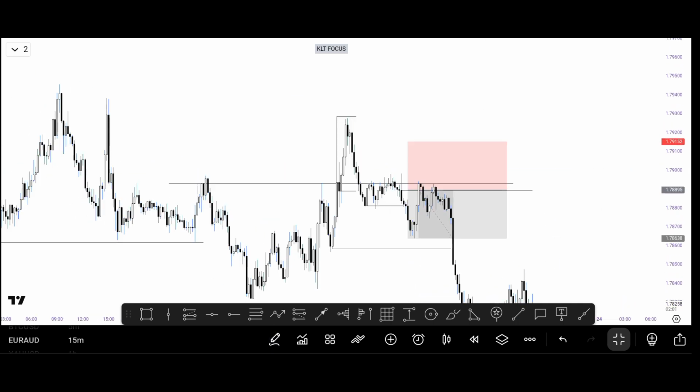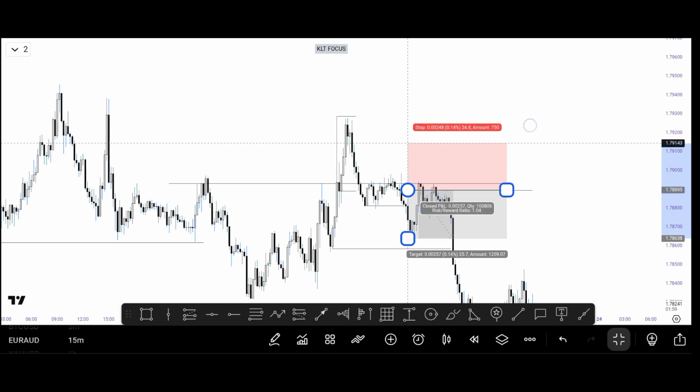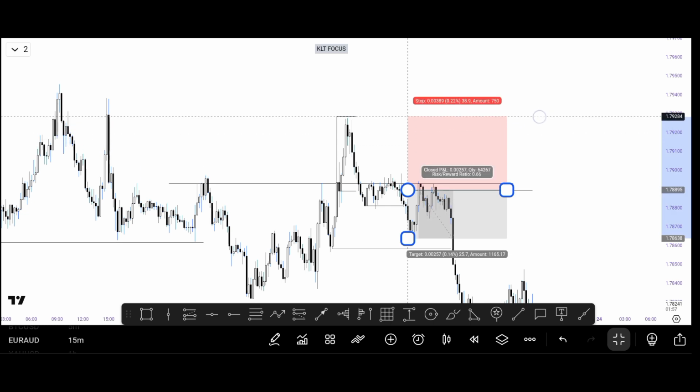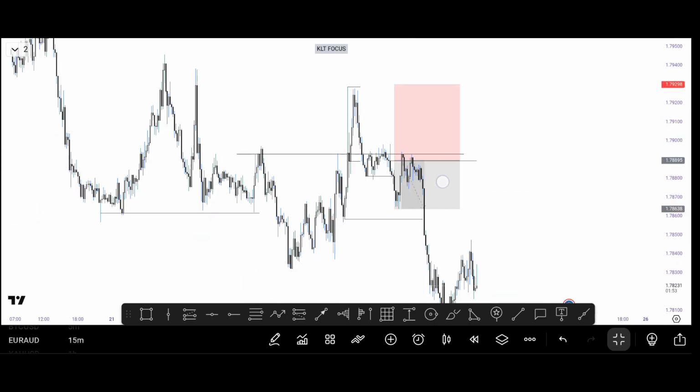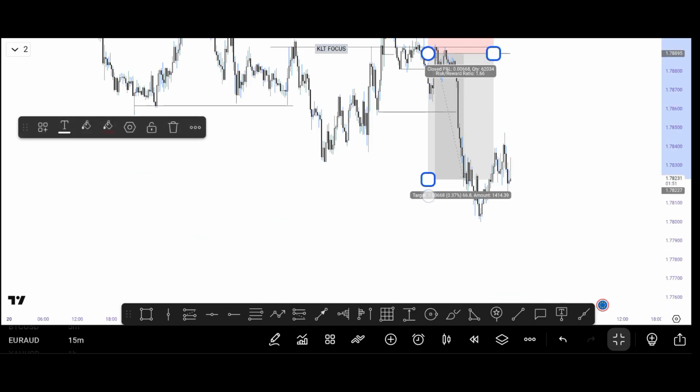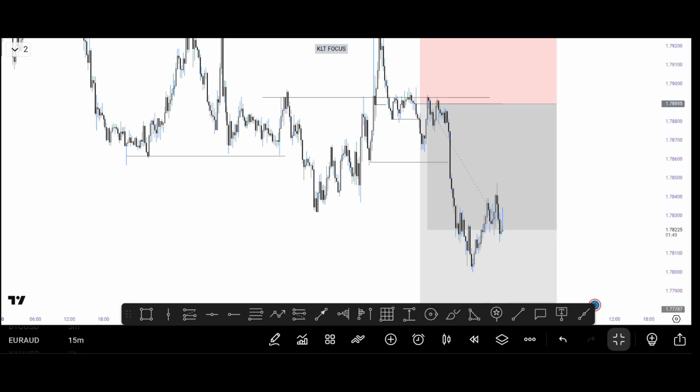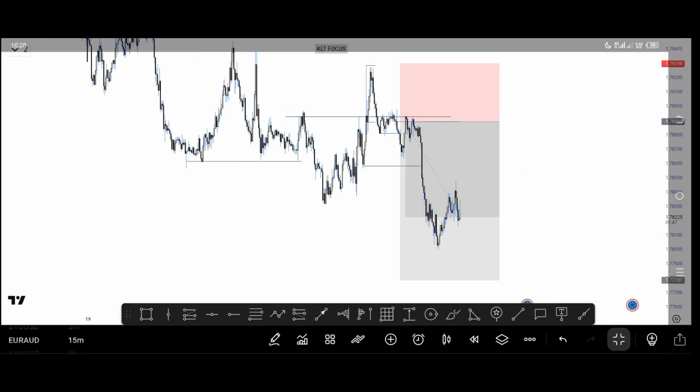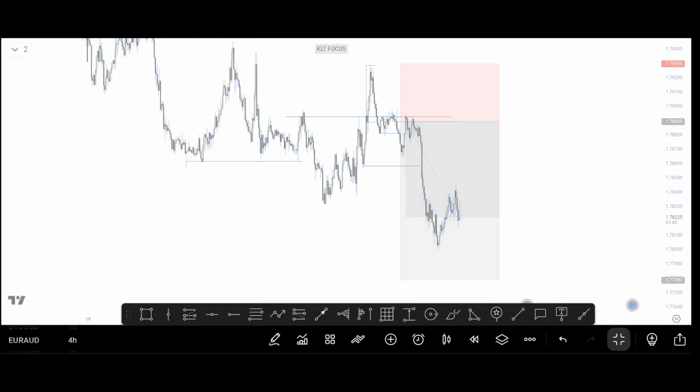At this junction, we could have taken this trade, secured stops above this high, because that would be the most ideal area to put stops, and targets could go all the way to the downside. You're aiming for the 4 hourly targets as usual.